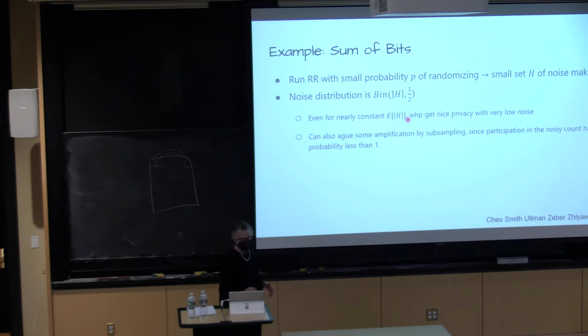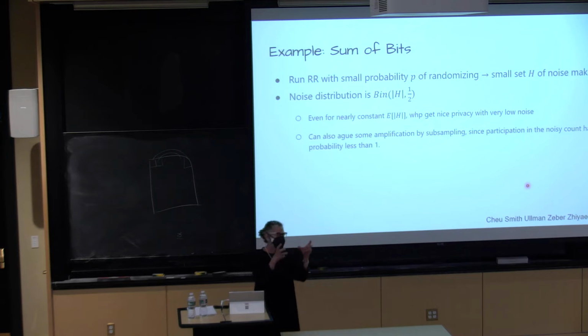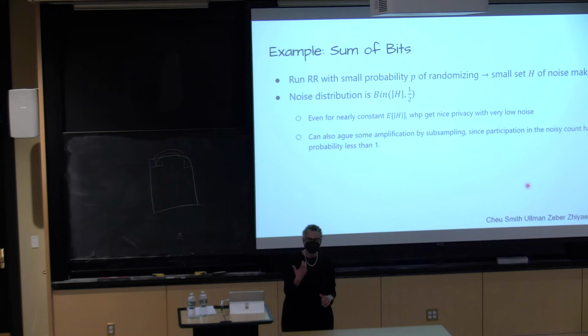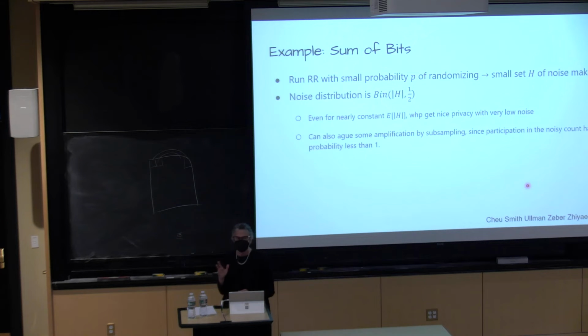So in the algorithm that they present in their paper, and again, they present a lot of algorithms, I'm focusing on this counting of single bits because we've been able to pull that through the talk. So we're going to run randomized response, but instead of having a chunky probability of randomizing, your probability of randomizing is going to be pretty small. A little bit bigger than 1 over n. Maybe some log 1 over delta term times some constant times 1 over n.